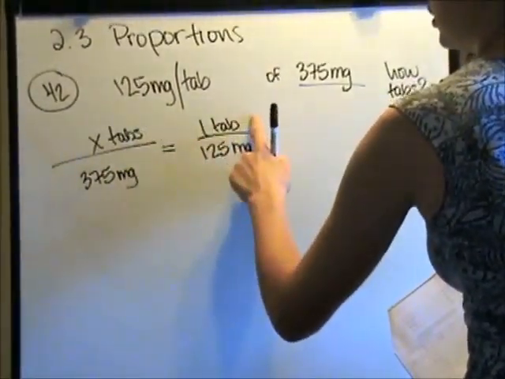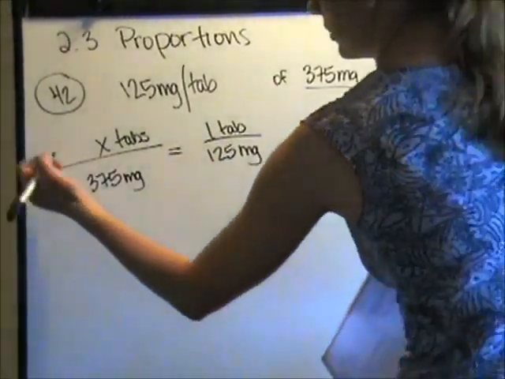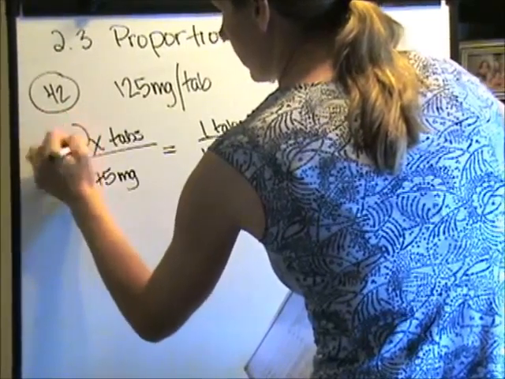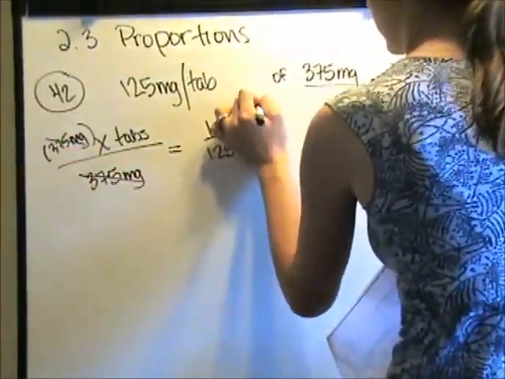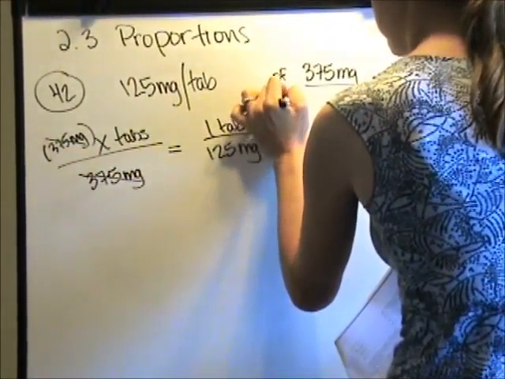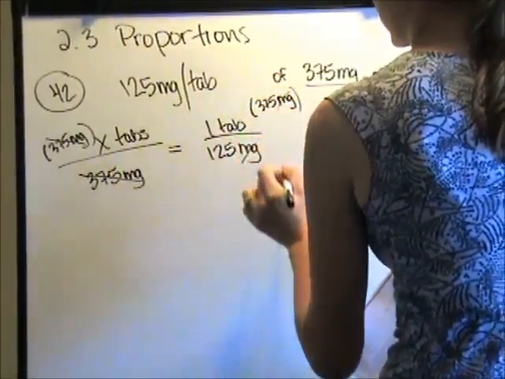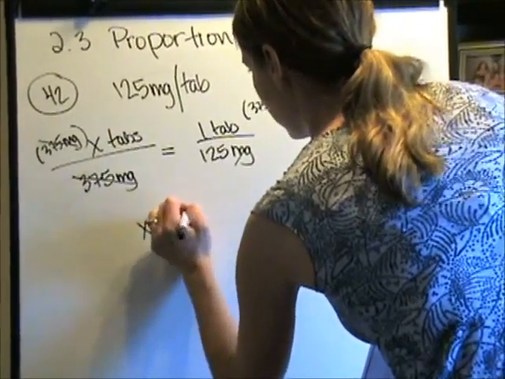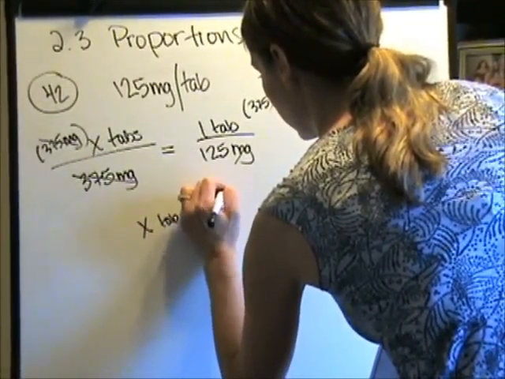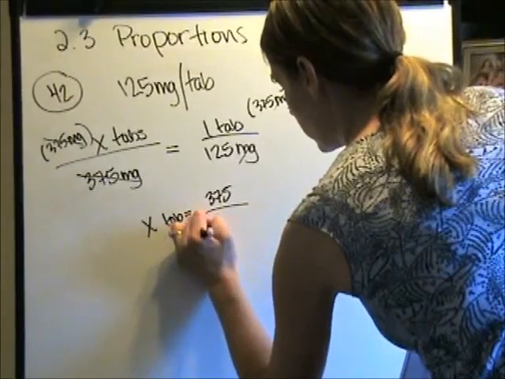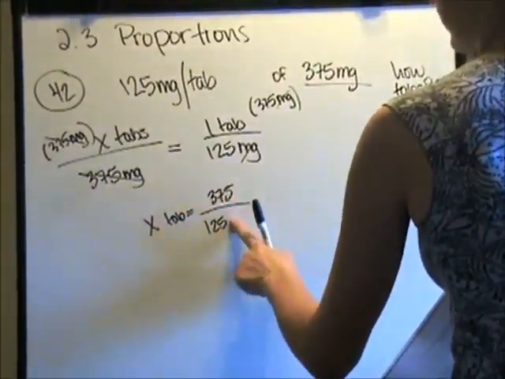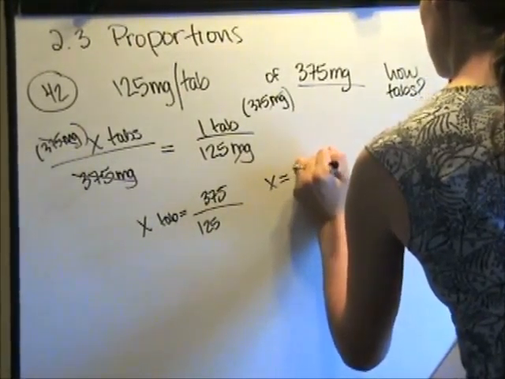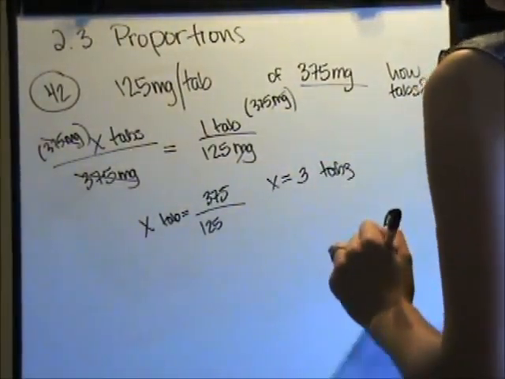So our units of measure match up. Yes, they do. So 375 milligrams to cancel out. Our milligrams are going to cancel out. Isolating x, 375 over 125, and 375 divided by 125 is 3. So x equals 3 tablets needed for the proper dose.